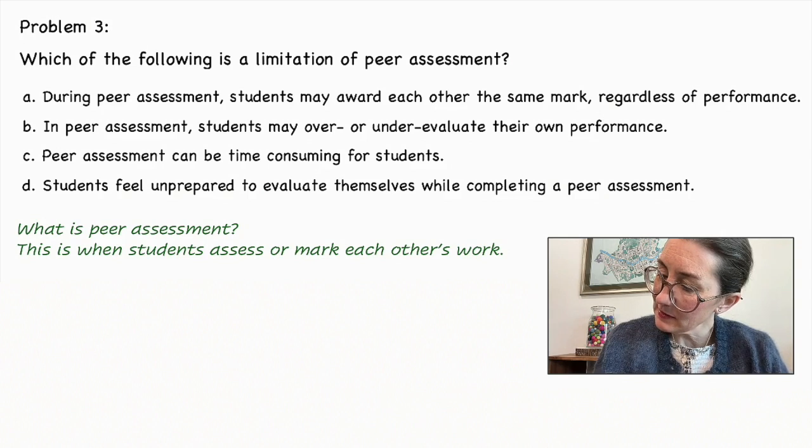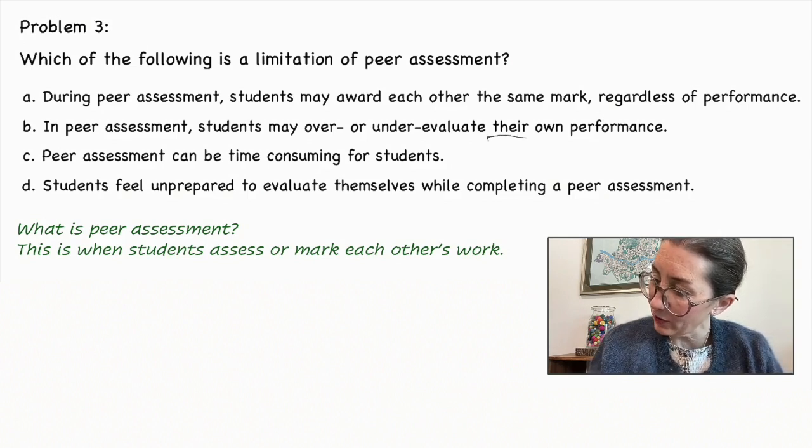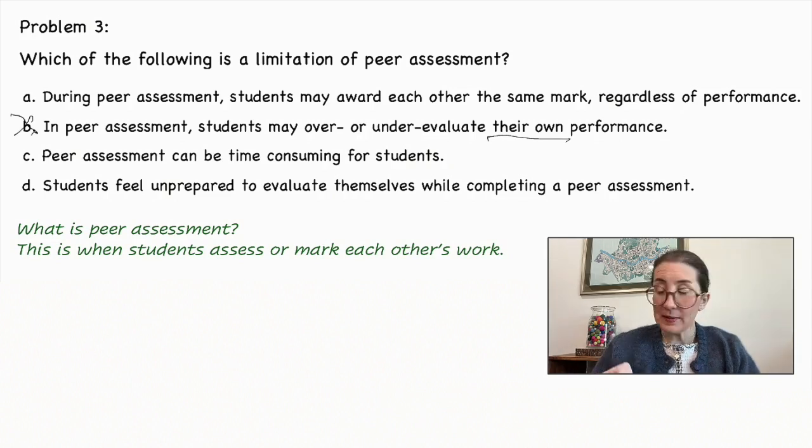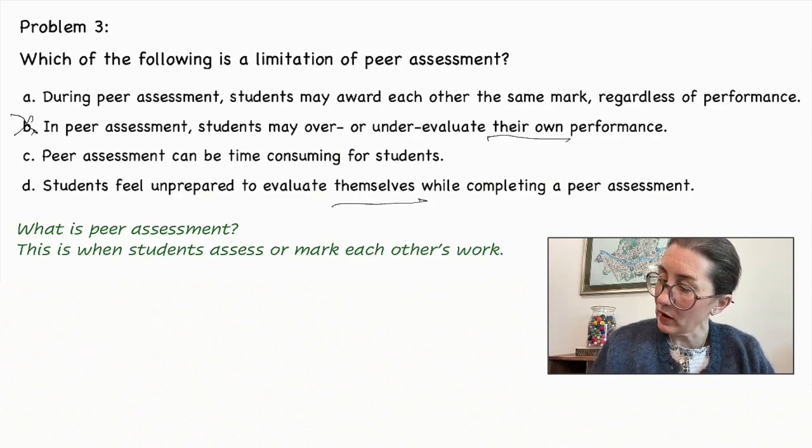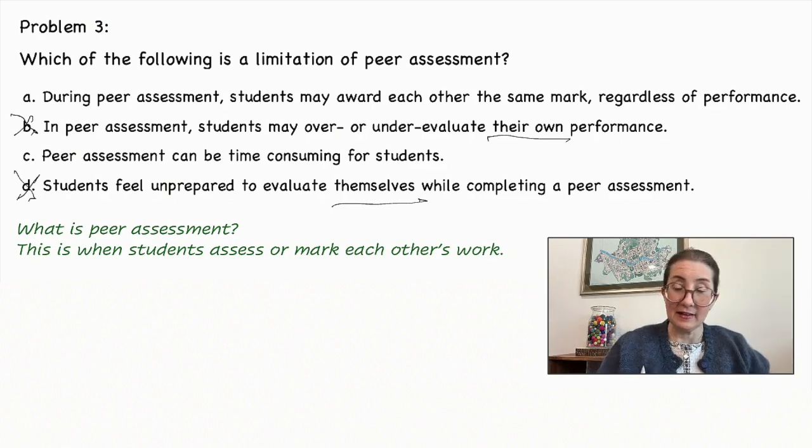In peer assessment, students may over or under evaluate their own performance. That wouldn't happen. And students feel unprepared to evaluate themselves while completing a peer assessment. So that we can get rid of as well. So we're left with 2.